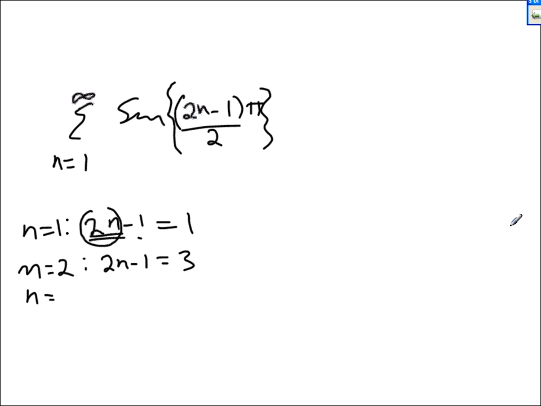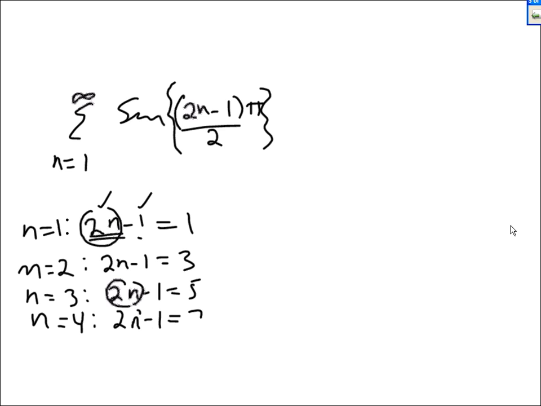When n is 3, you get twice 3, which is 6, minus 1 is 5. When n is 4, you double n, you get 8, minus 1 is 7. You get 1, 3, 5, 7.